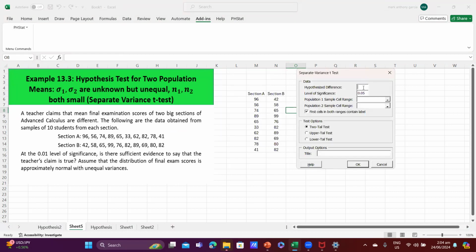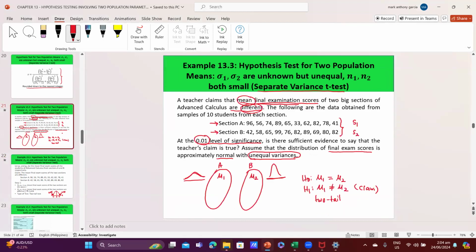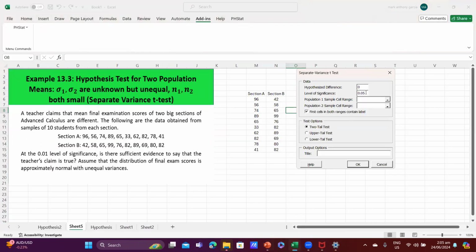Okay, so for our hypothesized difference, we shall use 0 because in our null and alternative hypothesis, if we transpose mu sub 2 to the other side, that gives us mu sub 1 minus mu sub 2 equals 0. And that indicates that our hypothesized difference is 0. Our level of significance is 0.01, so we shall change this 0.05 to 0.01.